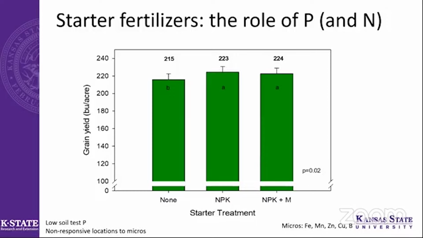We're going to talk a little bit more about sulfur as well and other micros. If we need to do any of that application, starter fertilizer will be the best way to do it. So again, there are other things when it comes to starter fertilizers, not just phosphorus. Obviously, other nutrients will be an opportunity to do applications.